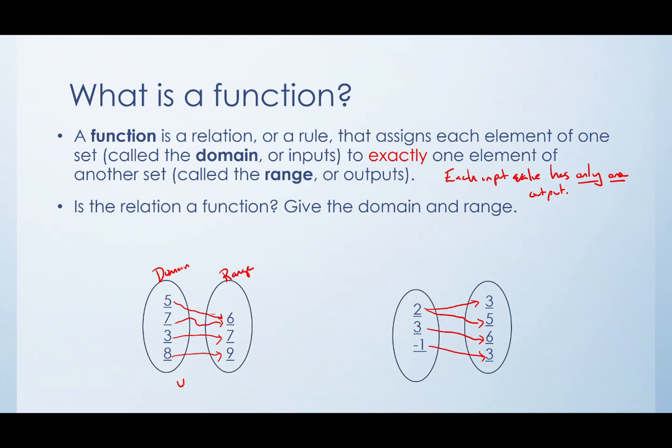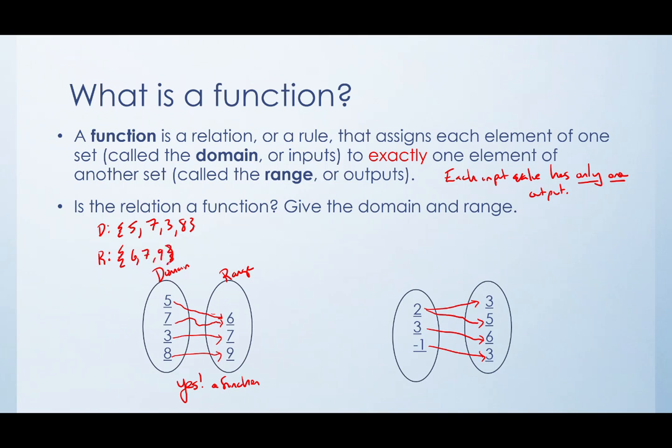Yes, actually it does. Yes, it's a function because if I input 5, I get out 6, period. There's no other options. I input 7, I get out 6 also. That's okay for just being a function. So my domain here would be 5, 7, 3, and 8, and we probably should put those in ascending order, but we don't care. And then the range 6, 7, and 9.